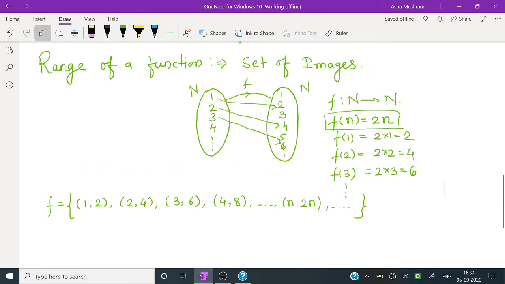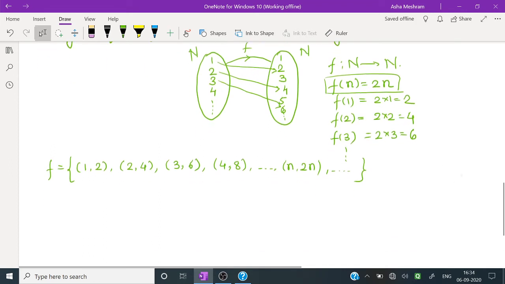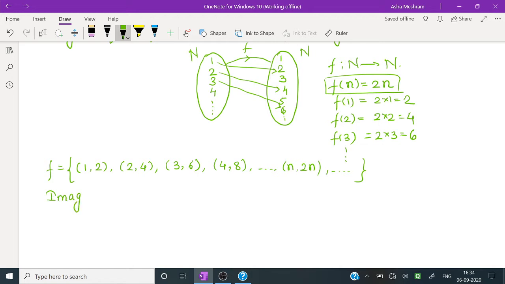So here what is image? Image of 1. As we have paired this 1 with 2, so image of 1 is 2. Next, image of 2 is 4.